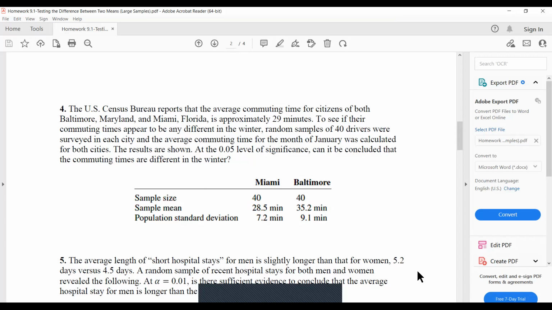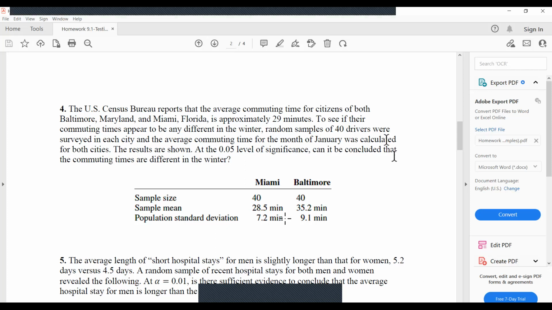And my sigma is 7.2. And my Baltimore is 40, 35.2, and 9.1.